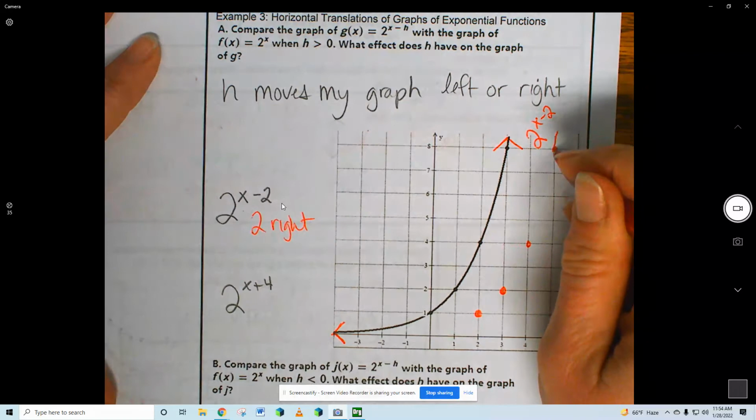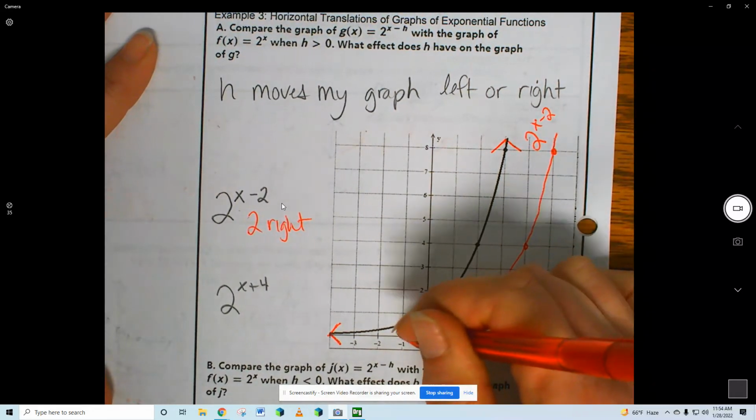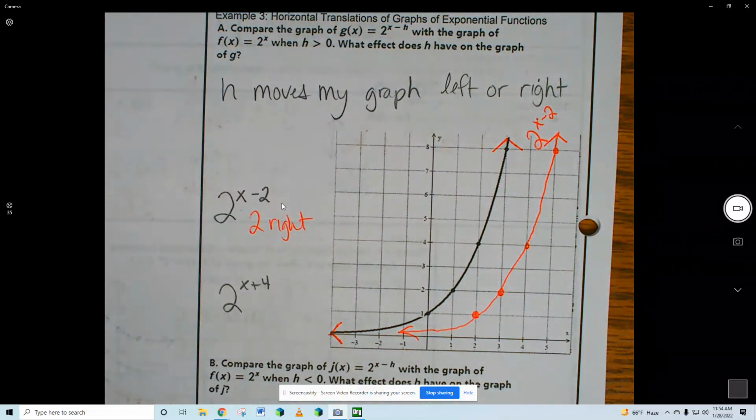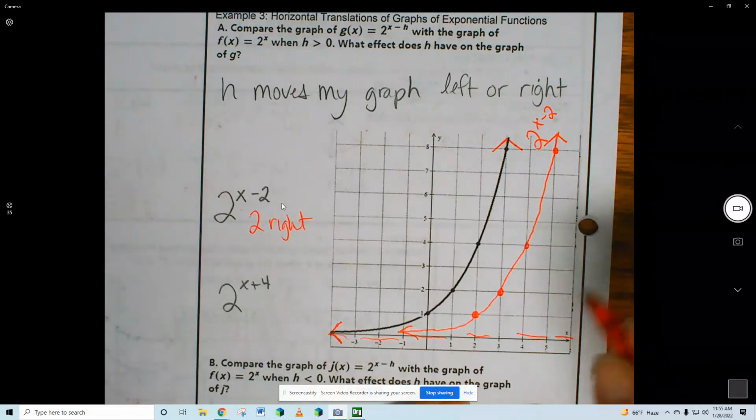Smooth curve, please. I'm still going to have a horizontal asymptote of y equals 0. I didn't shift up or down, so nothing changes.